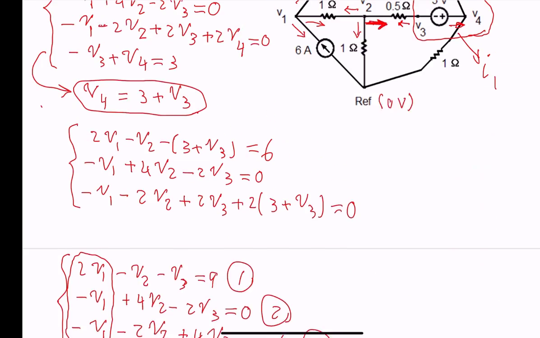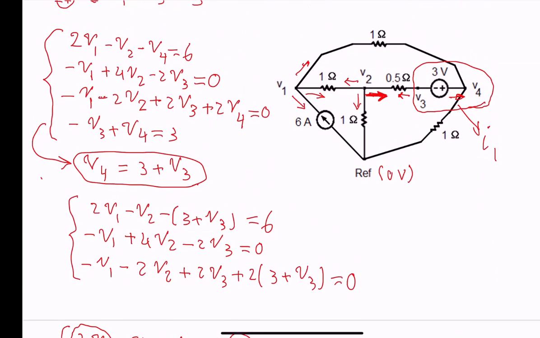For the 6 amp source, V1 represents the voltage drop from the top to the reference. So 6 amps is already going out of its positive.